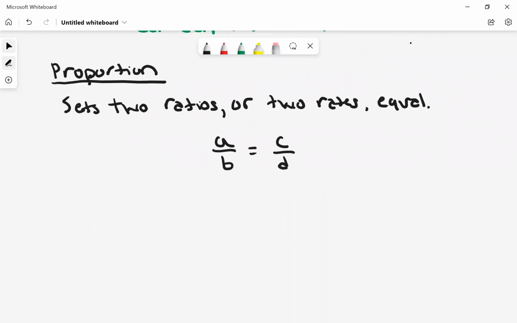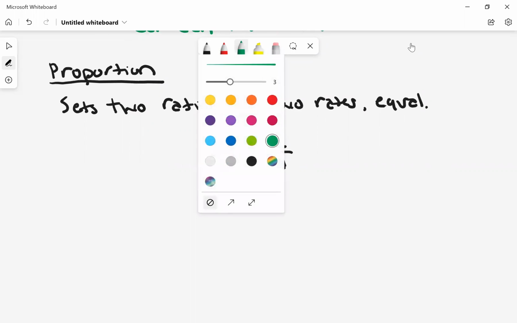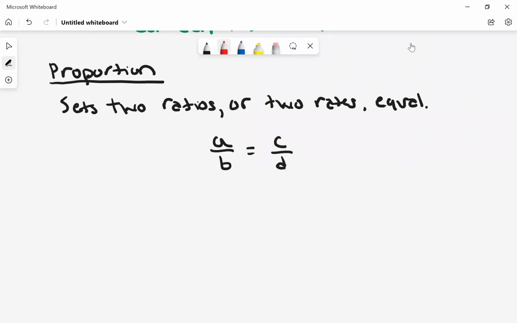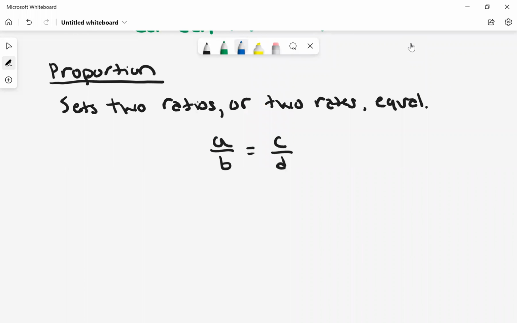So let me give you an example of where a proportion can be really useful to us.